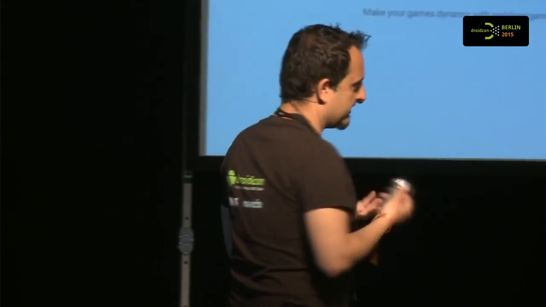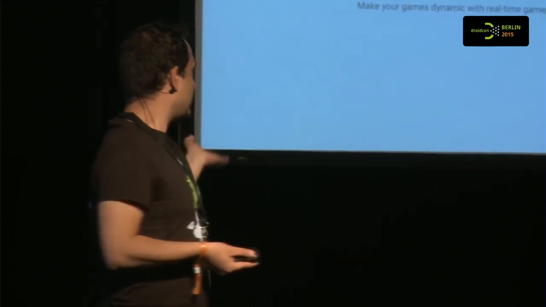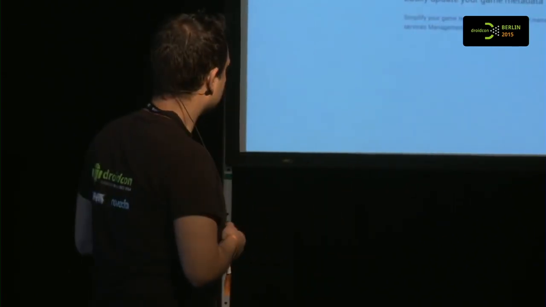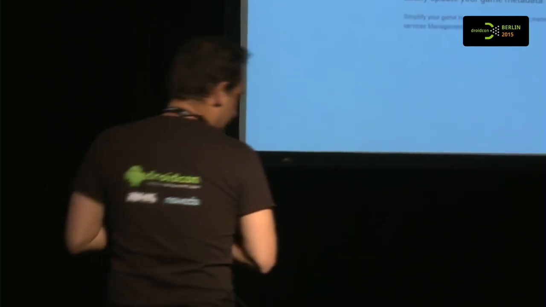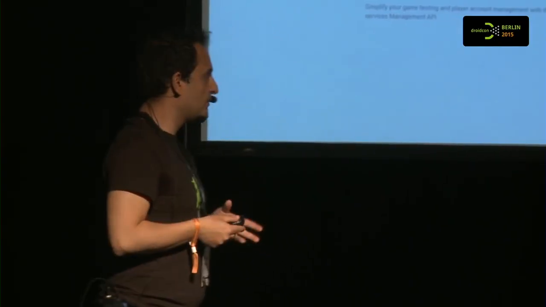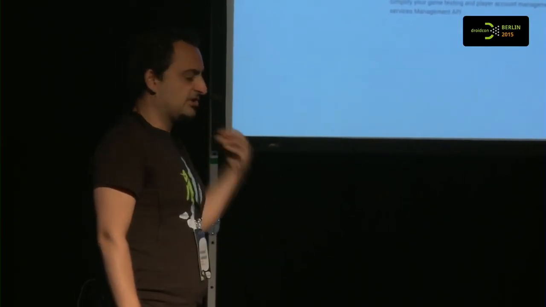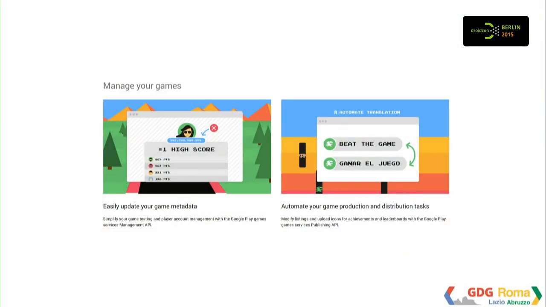Real-time gameplay is for real-time handshaking of data between players. A developer using this API could easily develop gaming achievements or leaderboards, so could develop all the gamification points of the game.